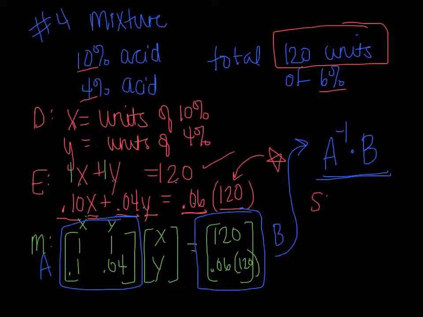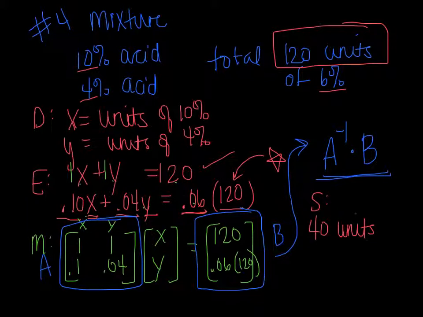Okay, so the solutions that come out of this equation, whenever they come out, we're going to be careful. We're going to write the answers with the labels alongside of it. So when this comes out, I find out that my matrix that comes out of the calculator is 40 and 80. So when I translate this into the problem, I have 40 units of whatever variable the X was, because it came out on top.